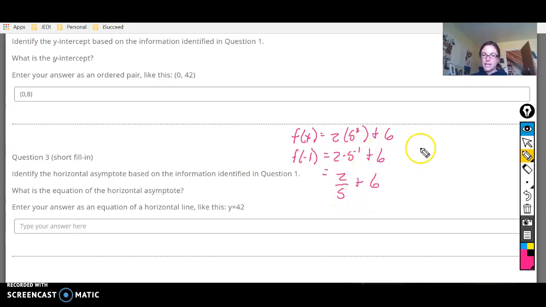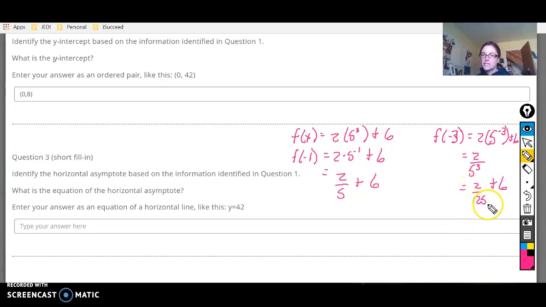The bigger my negative exponent is, so let's say we'll do 5 to the negative third, just because I can do that in my head, is 2 times 5 to the negative third plus 6. This becomes 2 over 5 to the third, which is 2 over 125 plus 6.